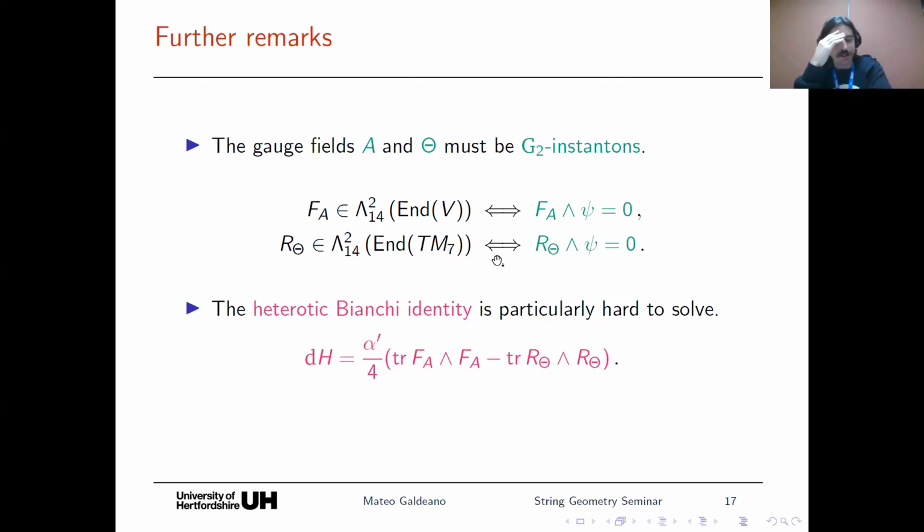Maybe at this point I should say, in case you are more familiar with complex geometry, and to make a connection with the talk last week, that this is the G2 analog of Hermitian-Yang-Mills, the condition of Hermitian-Yang-Mills for a connection, something very similar.